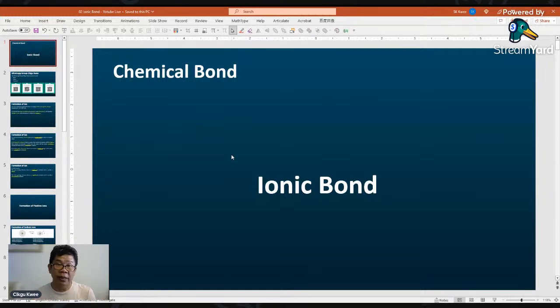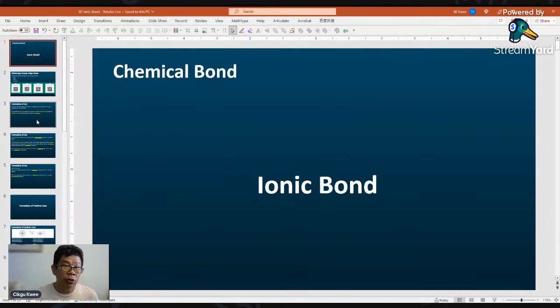Today we are going to learn how atoms become ions to achieve octets and duplets, and after that they form chemical bonds.